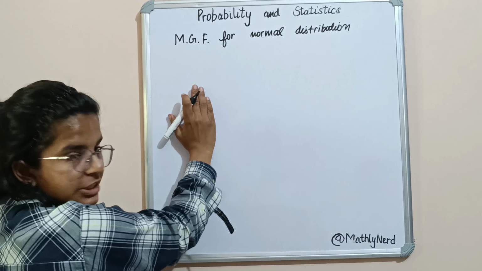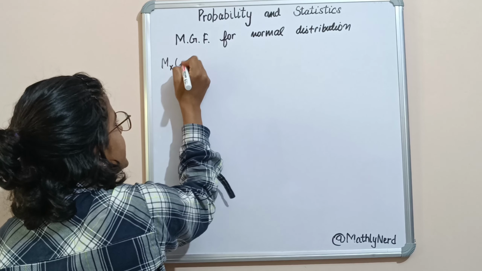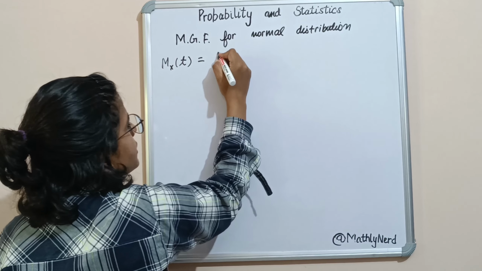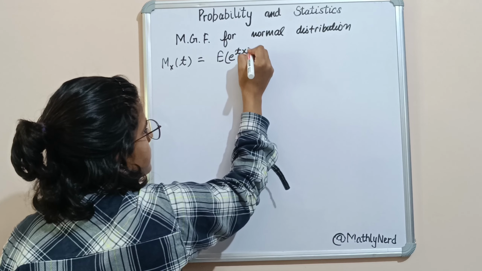As we know, the moment generating function is denoted by M_X(t) and it equals the expectation of e raised to power tx.